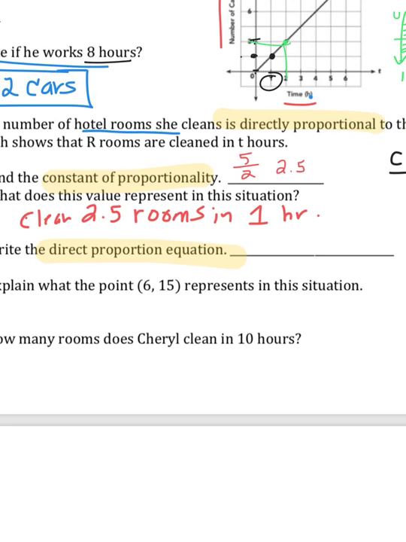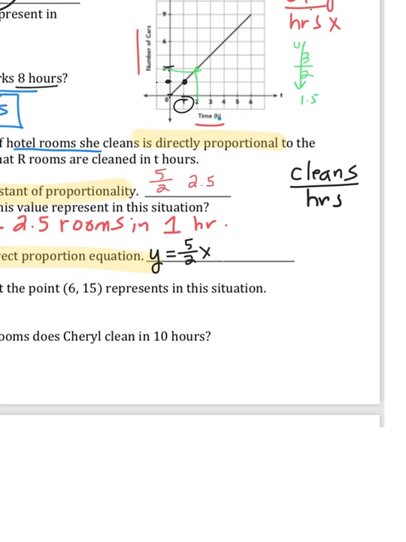So let's write the direct proportion equation. y equals 5 over 2x.